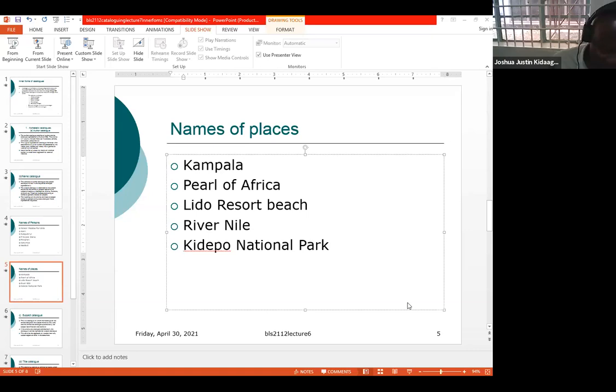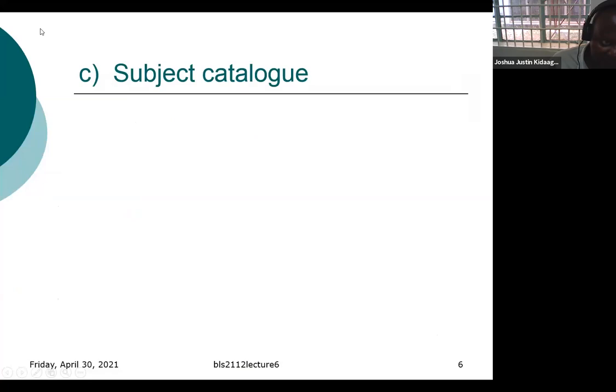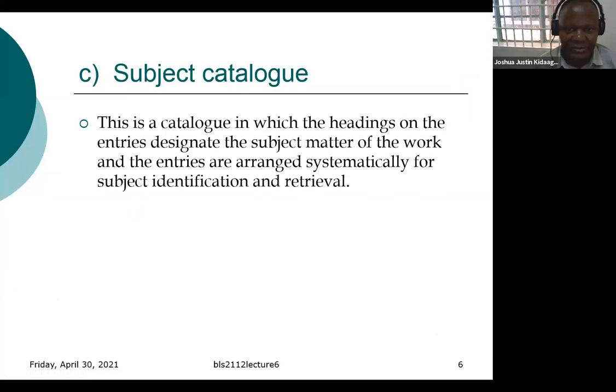Then we move on to the subject catalog. This is a catalog in which the headings on the entries designate the subject matter of the work, and the entries are arranged systematically for subject identification and retrieval.